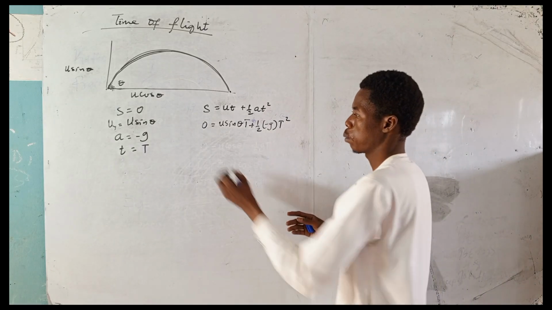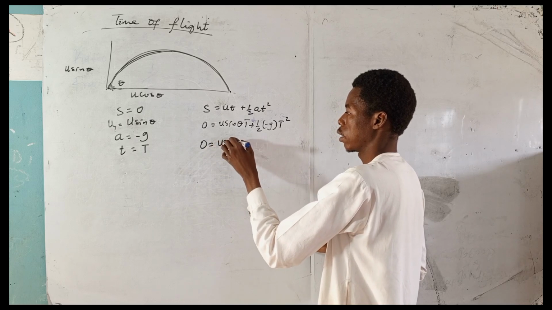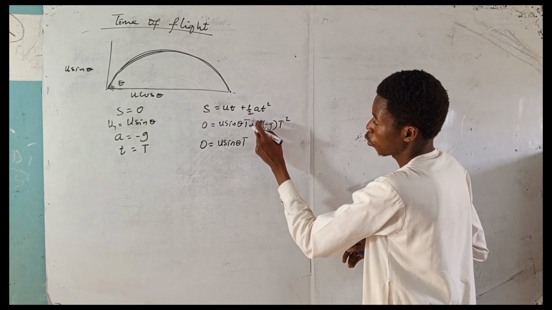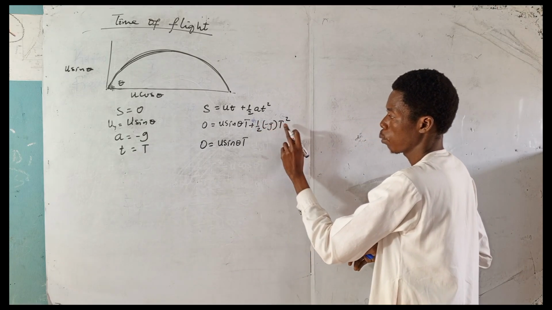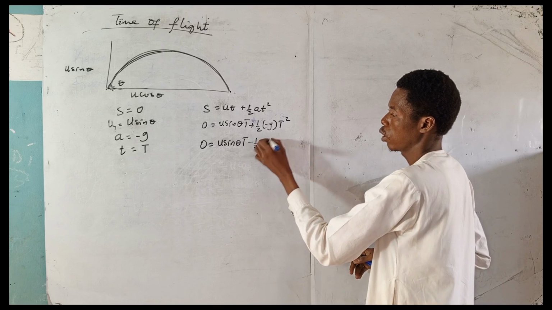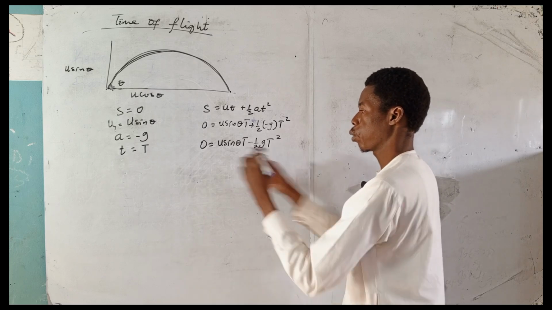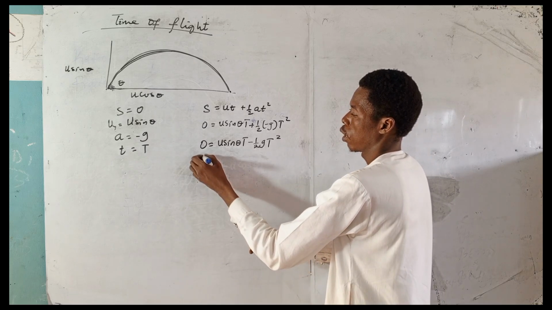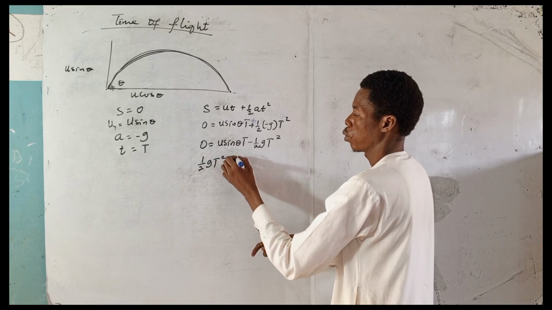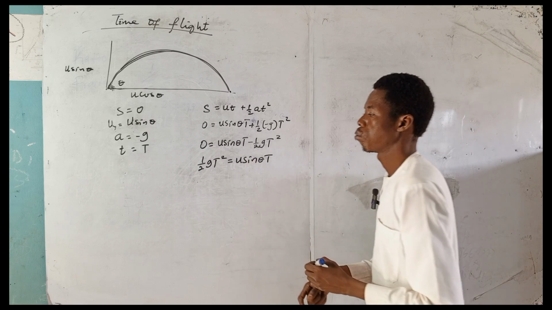Our equation will further become 0 equals u sine theta t plus 1 over 2 multiplied by minus g multiplied by t squared, which will be minus 1 over 2 g t squared. And then the equation will further become half g t squared equals u sine theta t.